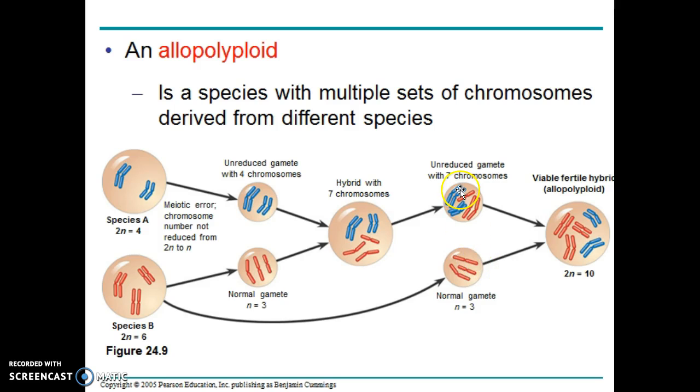And these two gametes could recombine again to create an allopolyploid, where 2N equals 10. Bottom line is this: allopolyploids are when two different organisms are able to recombine their gametes to create a different diploid set. So it's multiple sets of chromosomes, two different species.